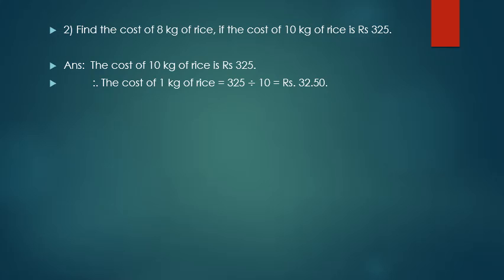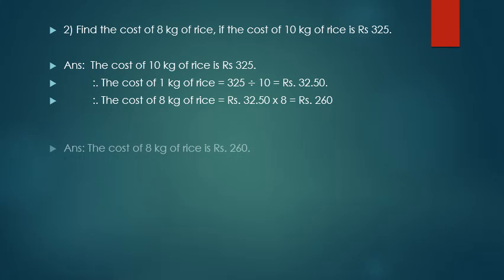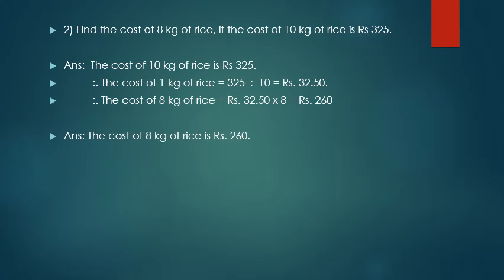The answer will be rupees 32.50. Therefore, the cost of 8 kg of rice is 32.50 multiplied by 8. So the answer is rupees 260. The cost of 8 kg of rice is rupees 260.